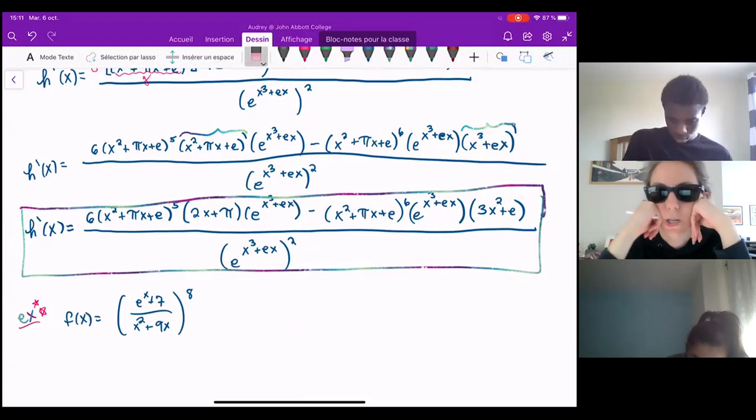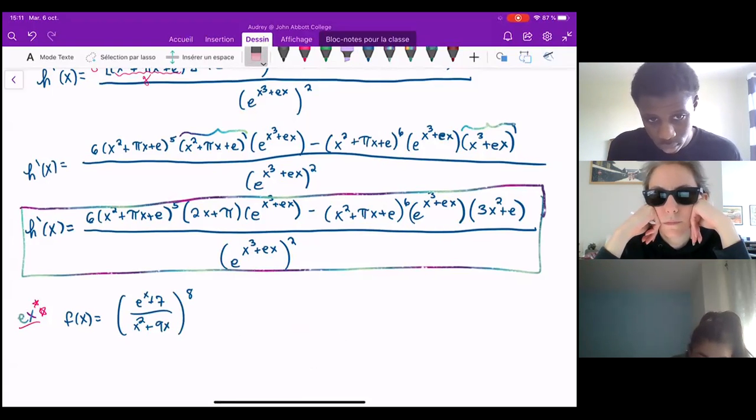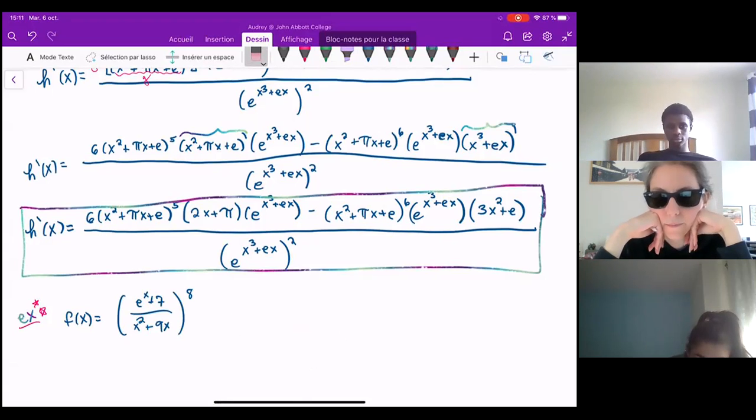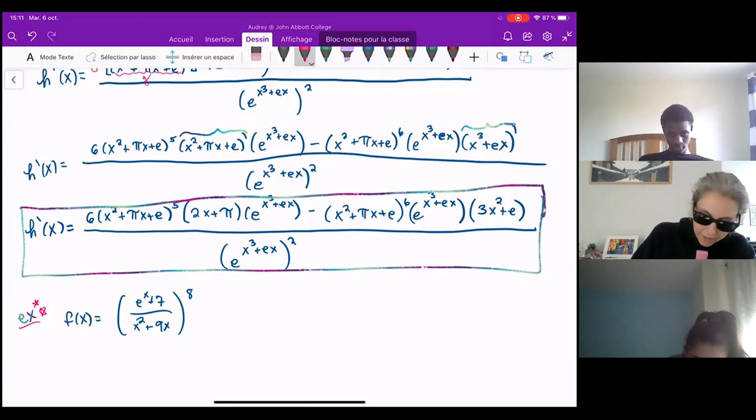So do I have a quotient here? Is that whole quotient all to the same power? It's all to the power of 8. So it's like I have this g here, and that g, that inside thing, is all to the power of 8. So really I could think of this as g to the power of 8. Exactly.